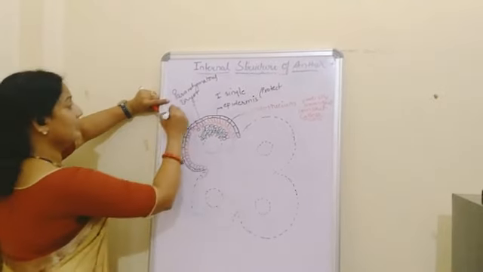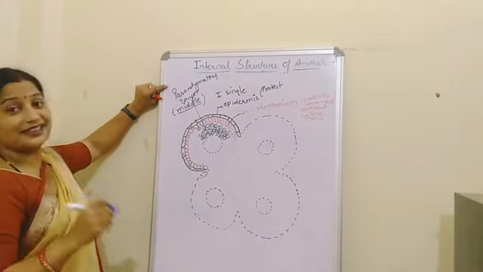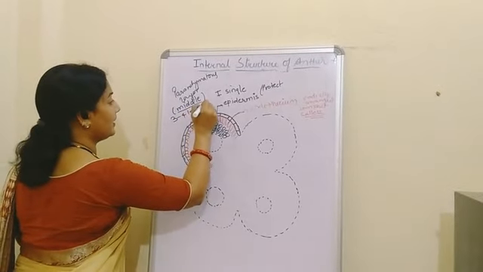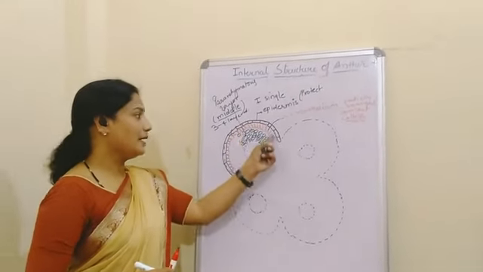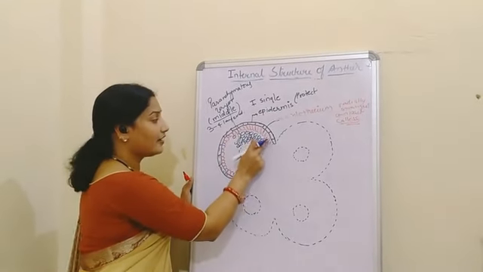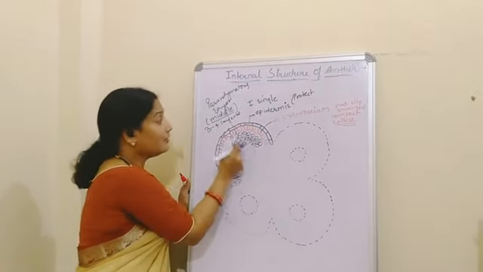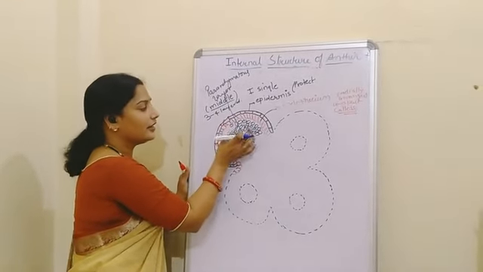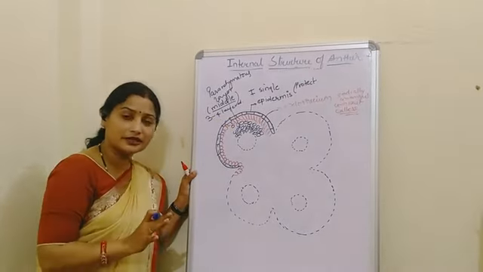Actually, we call it the middle layer, and this middle layer is 3 to 4 layered. Understood? Now see, we have 3 layers. Number 1 is the epidermis, a single protective layer. Number 2 is radially arranged, consisting of callose thickening, called the endothecium. Then the middle layer, the third layer, is 3 or 4 layered, made up of loosely arranged parenchymatous tissue.